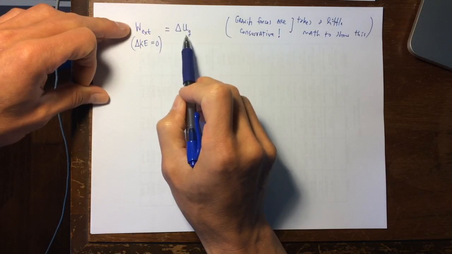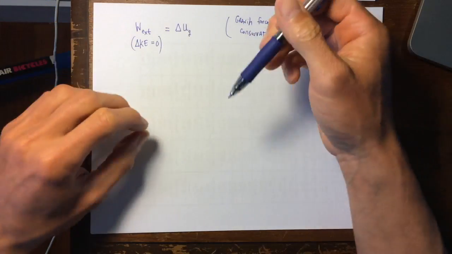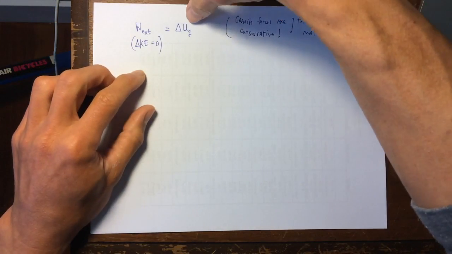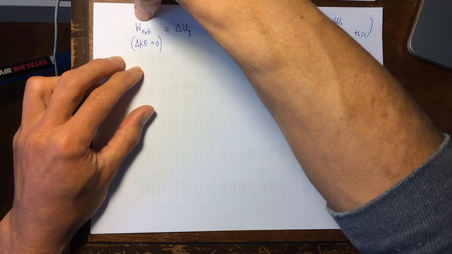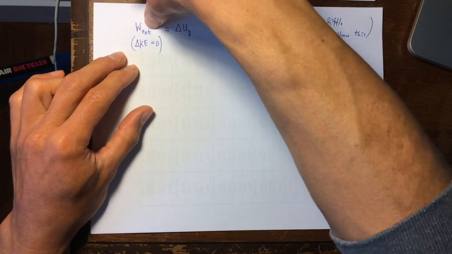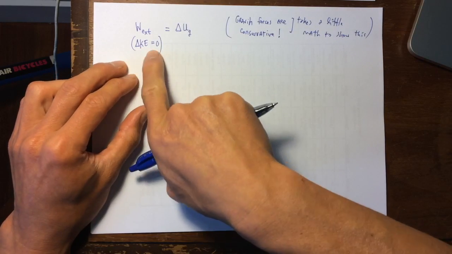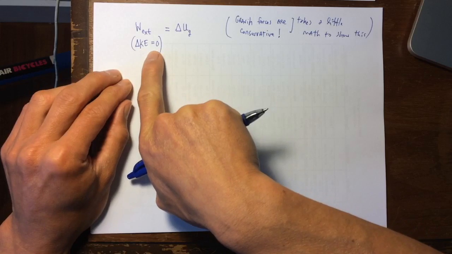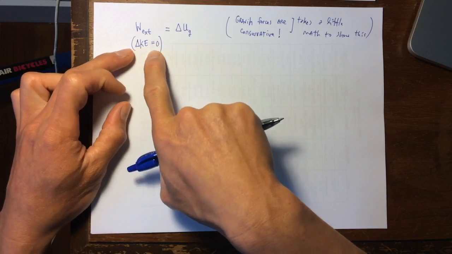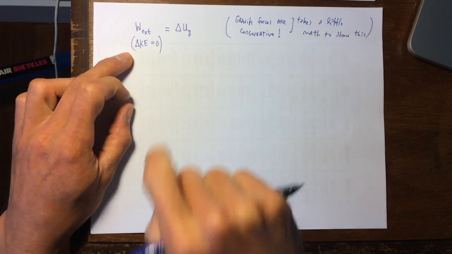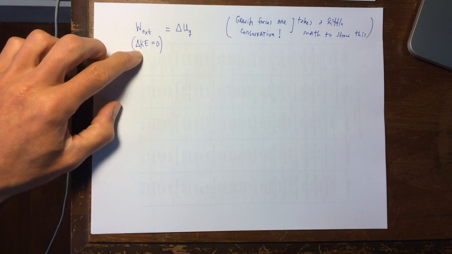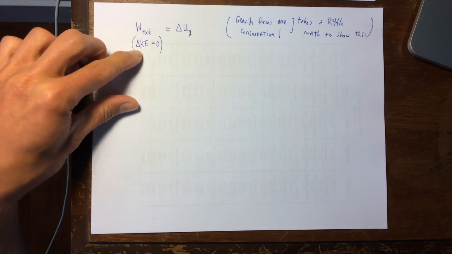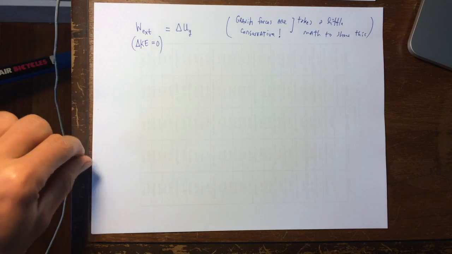So we can define a potential energy. And if you remember, the change in the gravitational potential energy is equal to the work done by an external force in the situation where you don't change any other type of energy. And when we talk about mechanical energies, the only other kind of energy besides potential energy is kinetic energy.